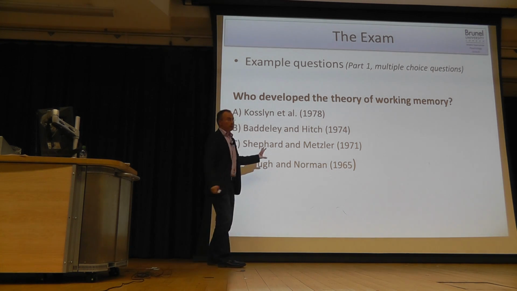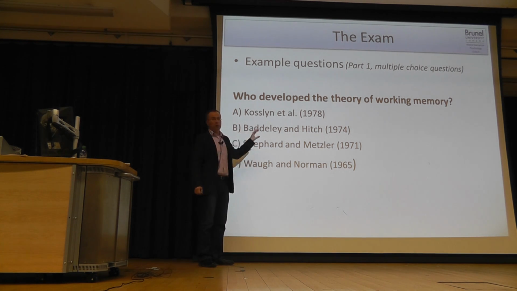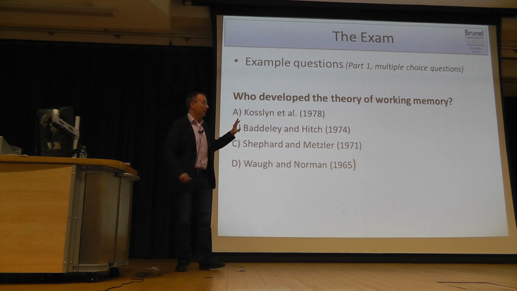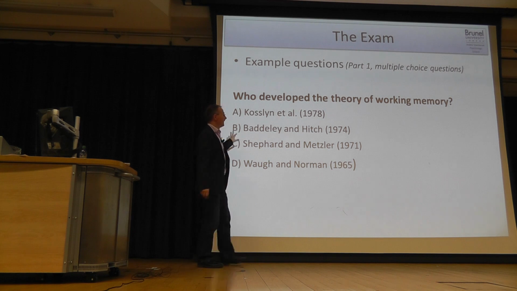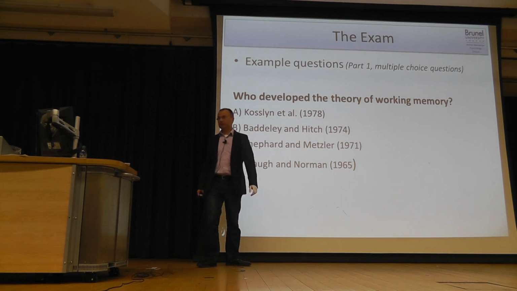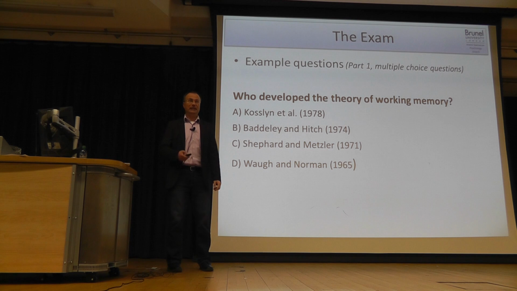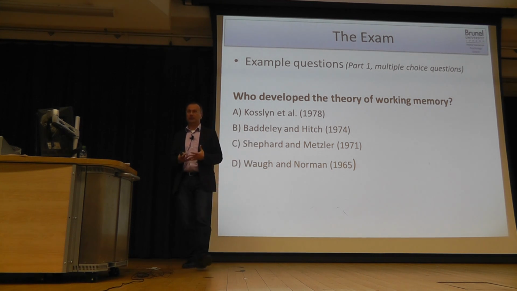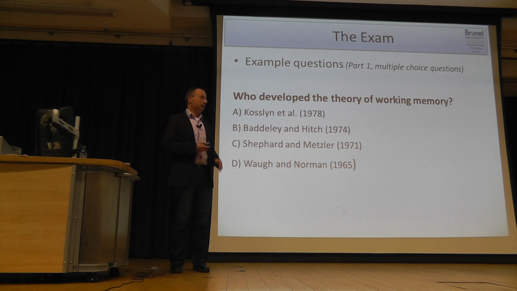What I would like you to do is to know the key figures and persons of some of what we have learned here. I won't ask for years, so there won't be a question like in which year was the theory of working memory developed, with options like 1978, 1974 or something like that. So only of the major theories you need to know the names basically.